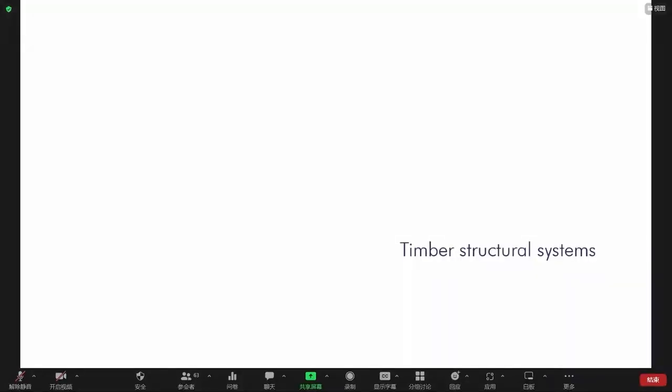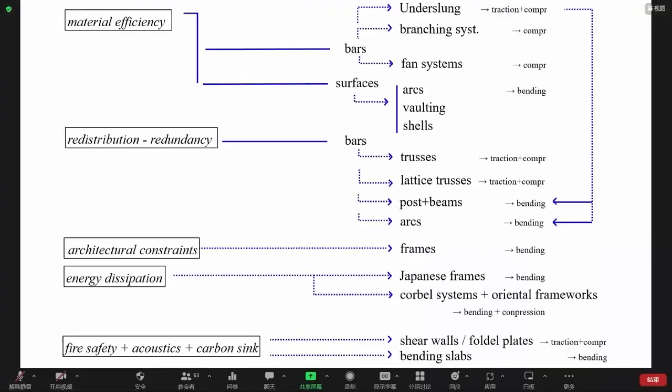Now, let's have a short presentation of some timber structural systems, and I will be giving the word to Sylvain just after this. The first thing you have to do is to make your philosophy about what you are looking for in terms of objective.